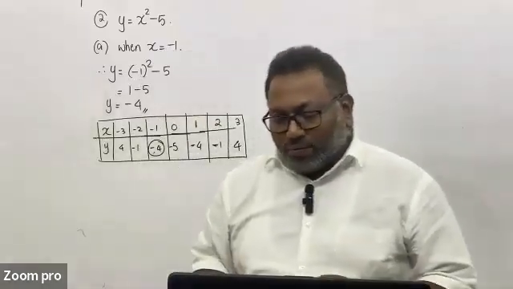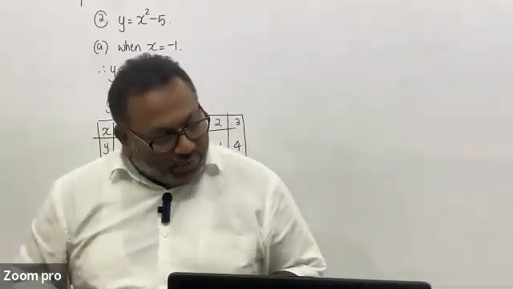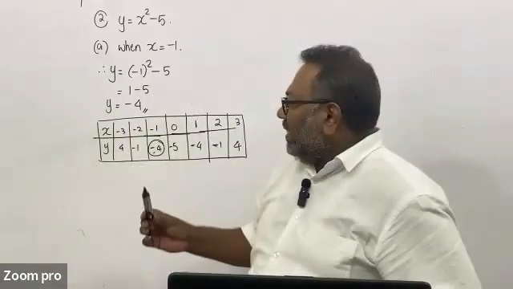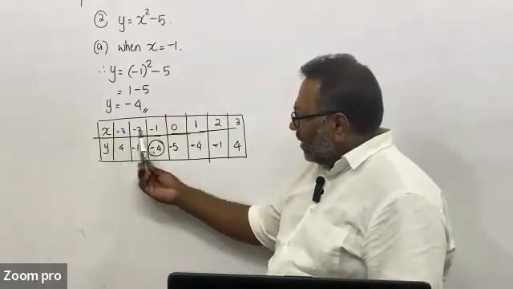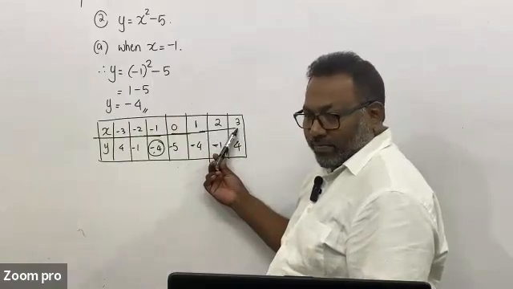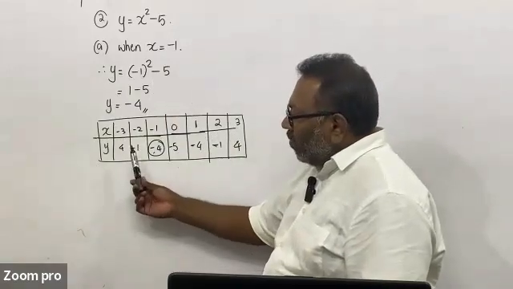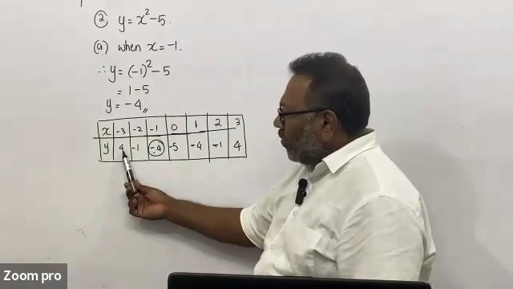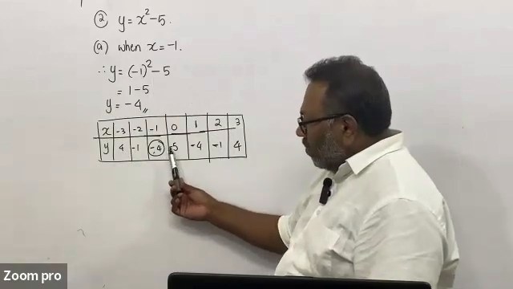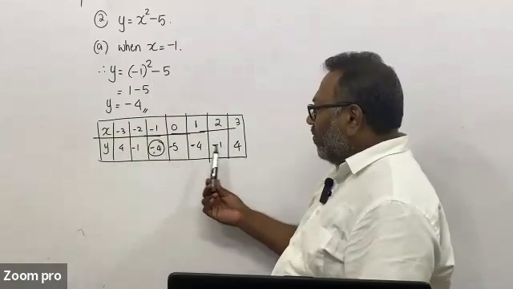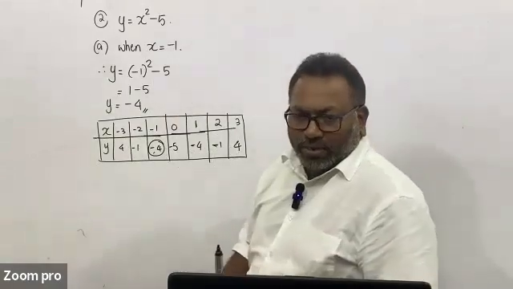Now we'll draw the graph quickly. Your x-axis should go from minus 3 to plus 3. Your y-axis should go from 4, come down to minus 5 and go to plus 4 again.